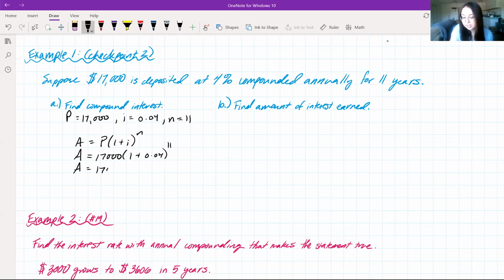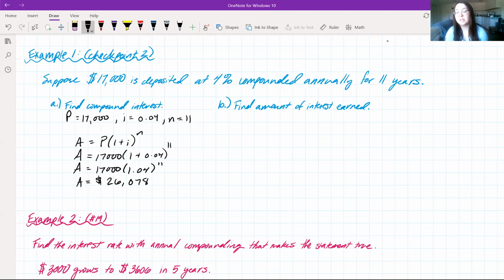We get A equals 17,000 times 1.04 to the 11th power. If you'd like to calculate this on your own, you can pause the video. But you should have gotten $26,078.